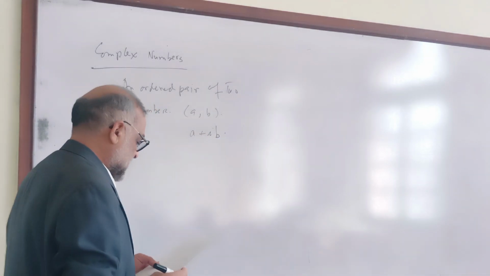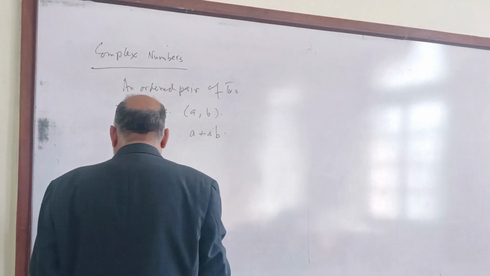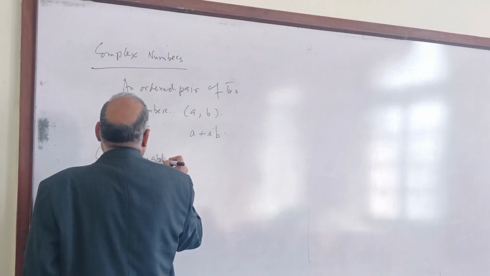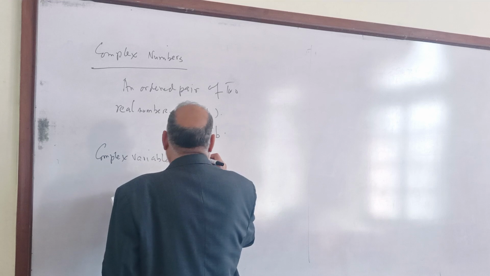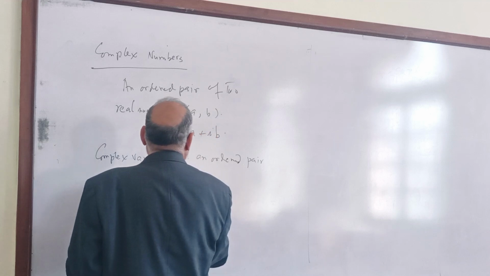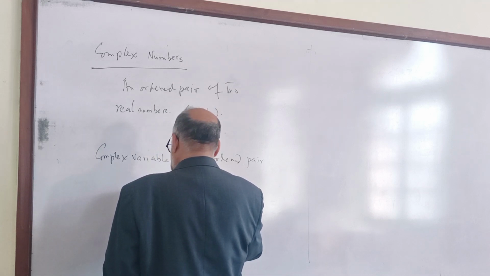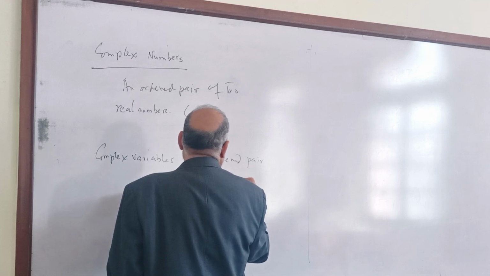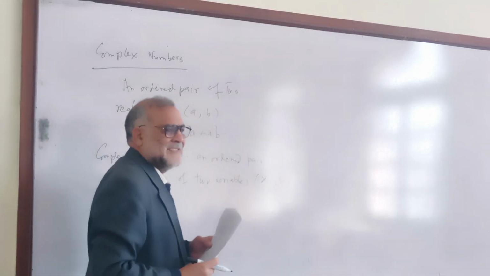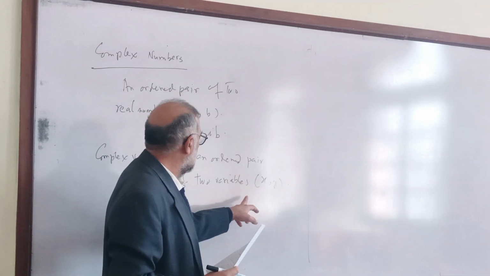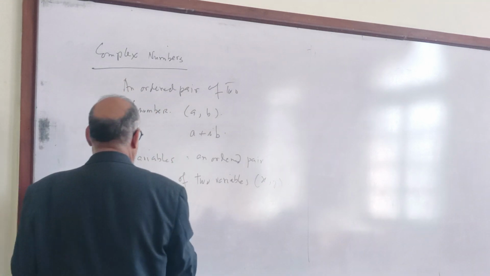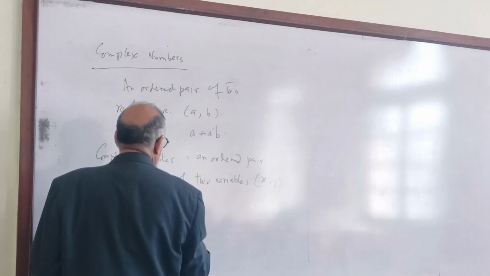And complex variables are an ordered pair of two real variables, x, y, or the other way, x plus iota y.